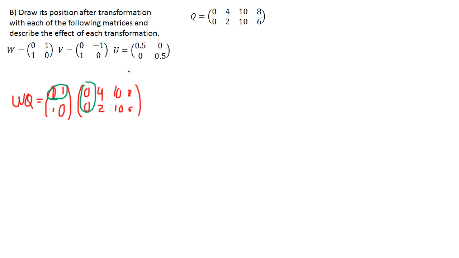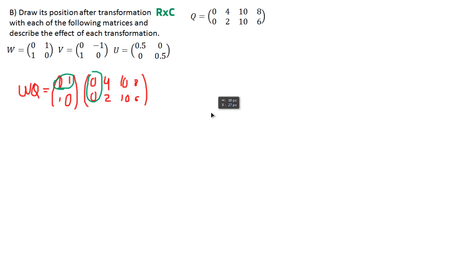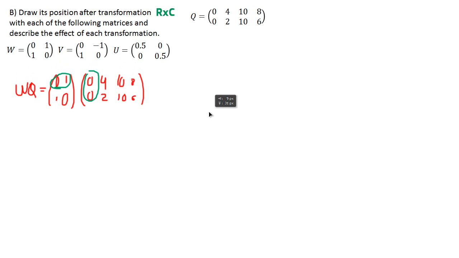So remember this. RC is very important when we talk about matrices. So we put RC there, so we remember that it's row times column. And then we have our new equation, and we're going to work it out.